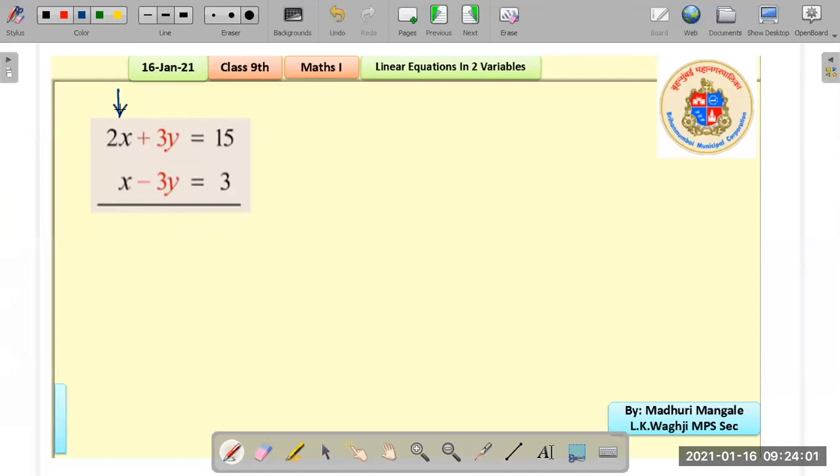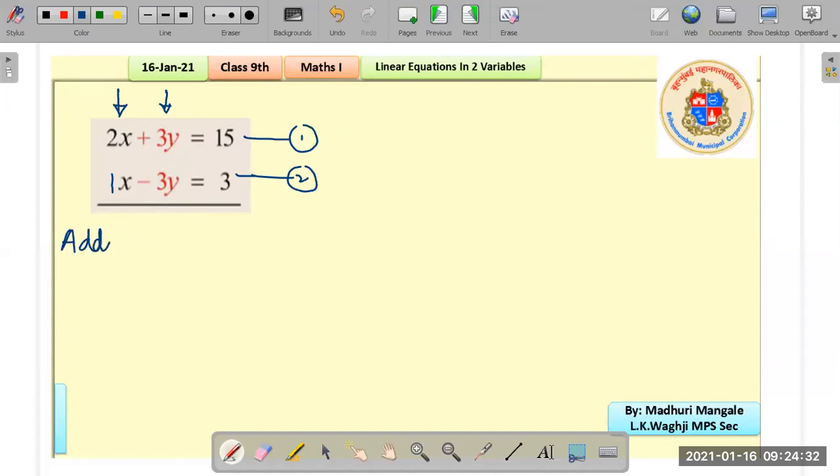If you look at the coefficients of x, it is 2 over here and 1 over here. The coefficients of y are 3 here and minus 3 here. We number them equation 1 and equation 2, and then decide whether we should add or subtract. Whenever the signs are opposite, you simply add. If you add, it will become 0.